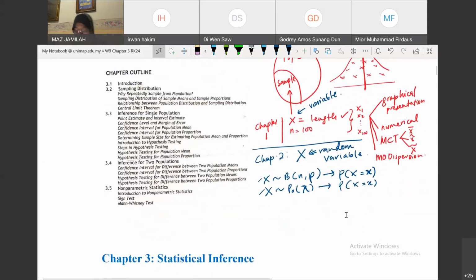A part of that, in the last part of chapter 2, we see how we can handle a random variable X that follows the normal probability distribution, where the parameters involved would be the mean, mu, and variance, sigma squared.